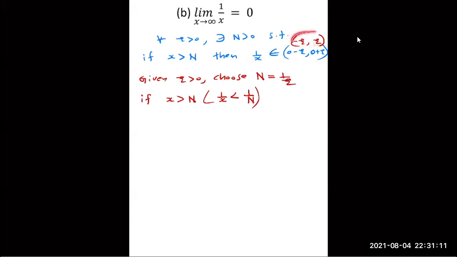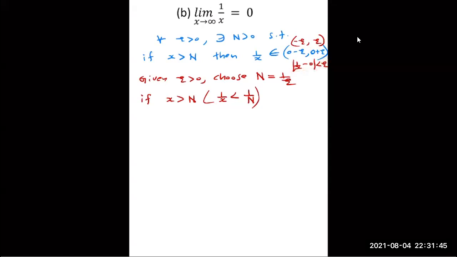So this is the interval. What do you mean by 1 over x in this interval? That means the absolute value of 1 over x minus 0 should be less than epsilon, right? That's the absolute value inequality corresponding to this statement.